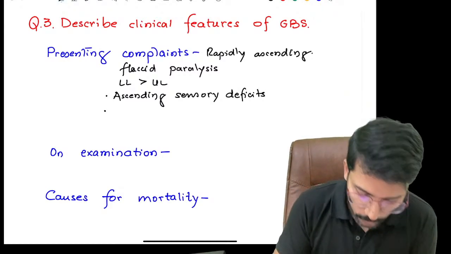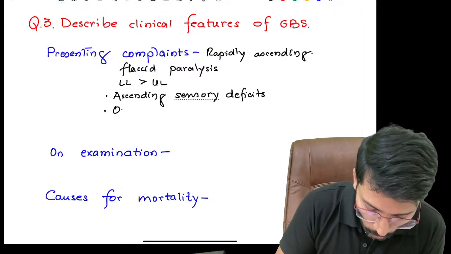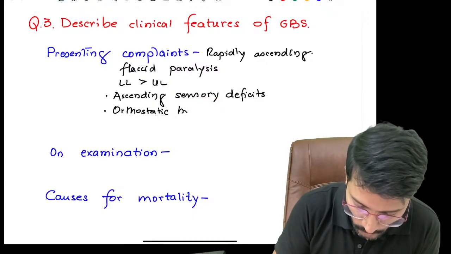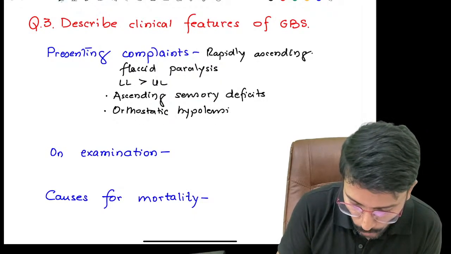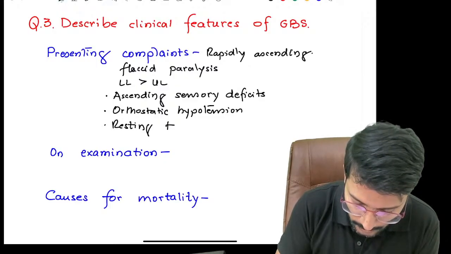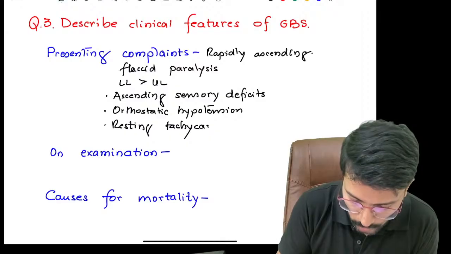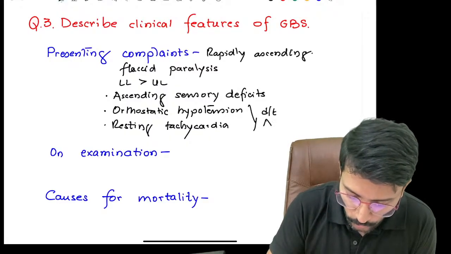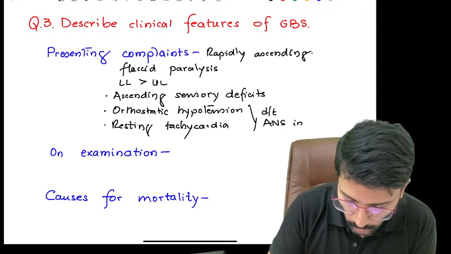And because there is also involvement of autonomic neurons, there will be orthostatic hypotension and resting tachycardia. The reason for orthostatic hypotension and resting tachycardia is autonomic nervous system involvement.